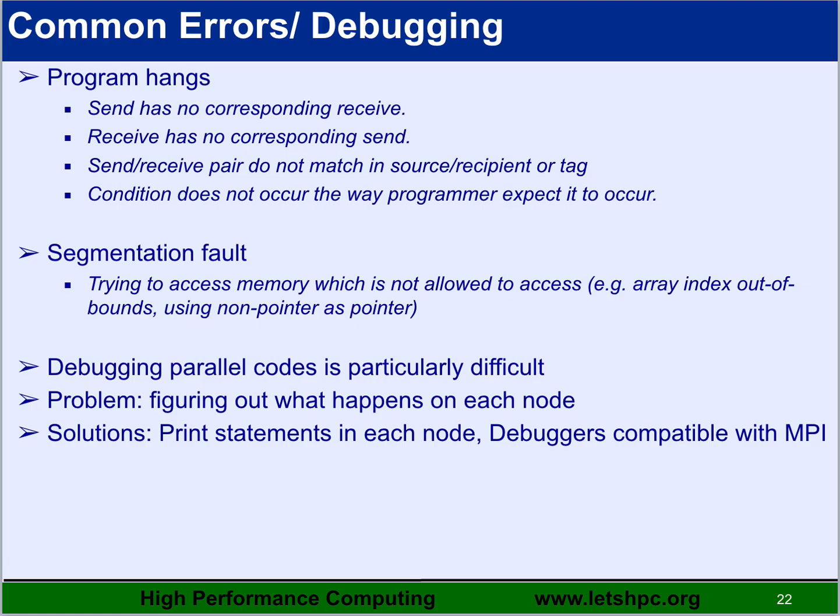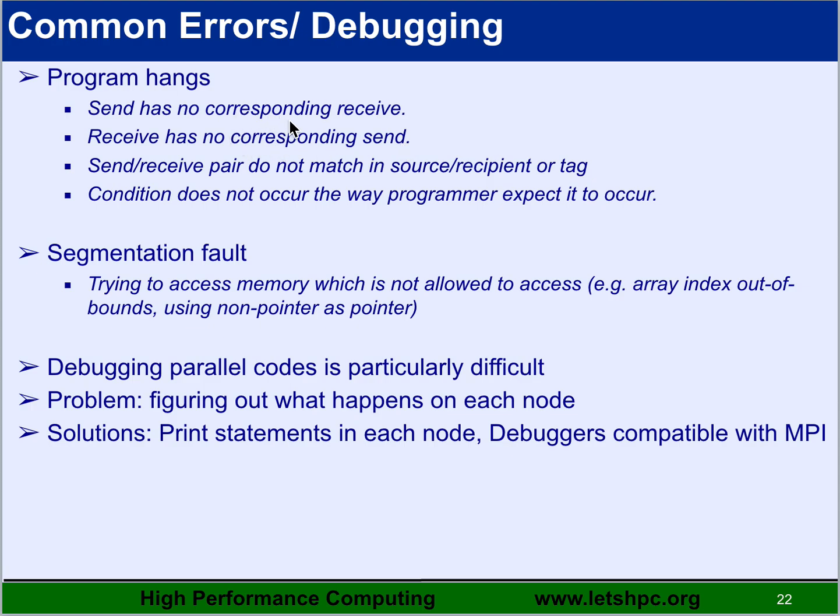Some of the important reasons for the program to hang, or get into a deadlock, is that the send has no corresponding receive, or the receive has no corresponding send, because this kind of parallelization is not automatic in nature, and a programmer is completely responsible to introduce the parallelism explicitly in the code.